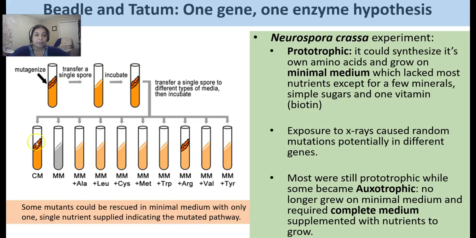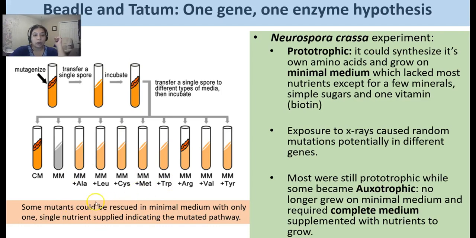So, for example, in the case of this particular mutant, once they mutagenize it and transfer that single spore and incubate, if it was not able to grow on minimal media and could only grow on complete medium, they would then grow it again in a new culture of minimal media with just one of the amino acids provided to them. And they looked at when they could see this mold grow again.